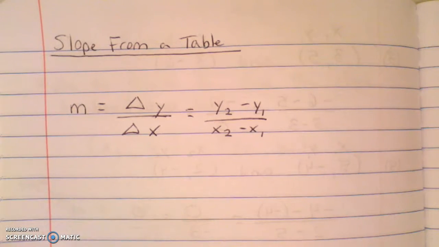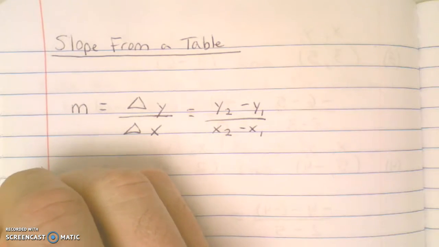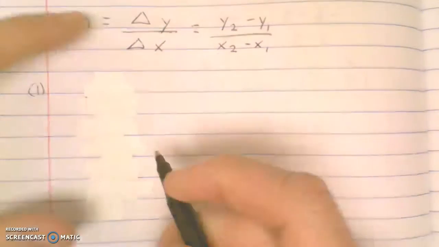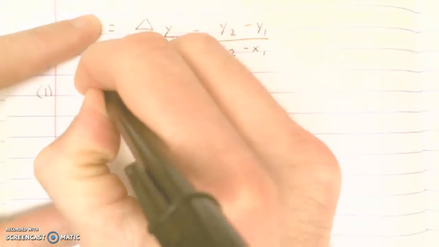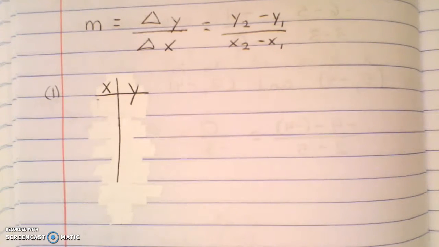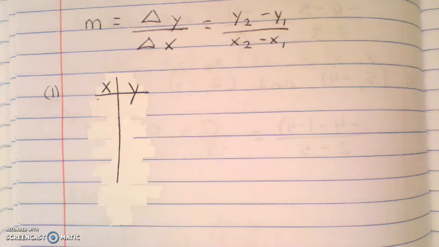So let's say you're given a table. All right, so let's make our table. We have our values for x and then our values for y.